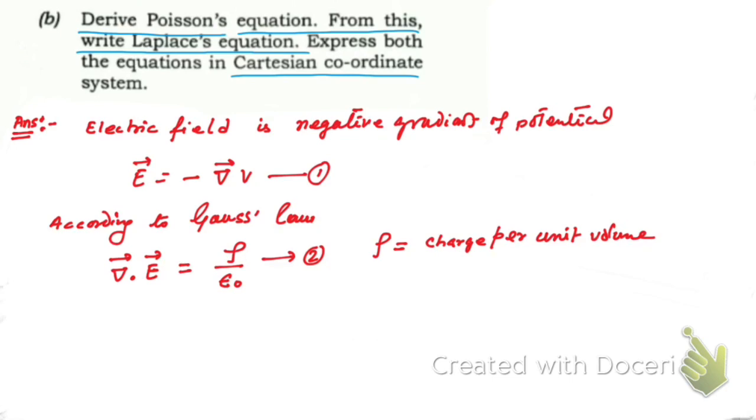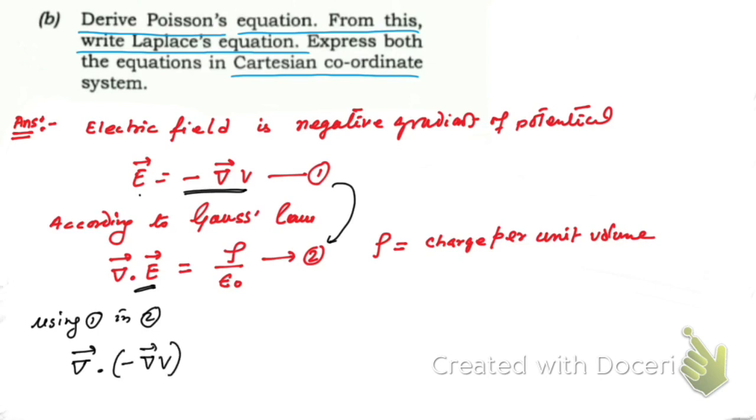Now let us use equation number 1 in 2. Using 1 in 2, what are we going to get? We have E is equal to minus grad V, so let us put this here. Then we get del dot minus del V is equal to rho by epsilon naught, right?